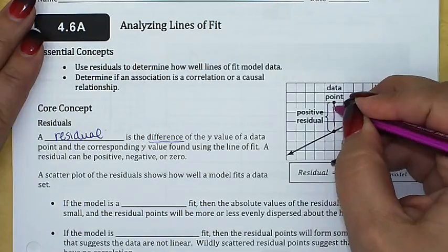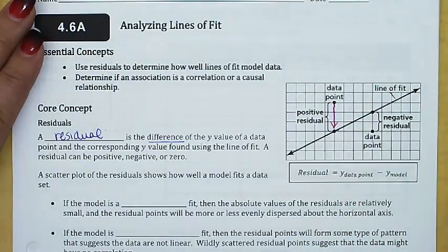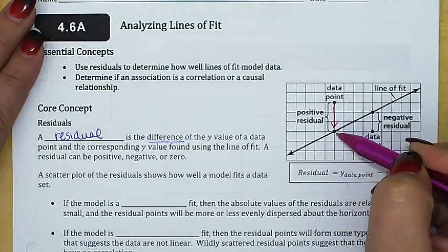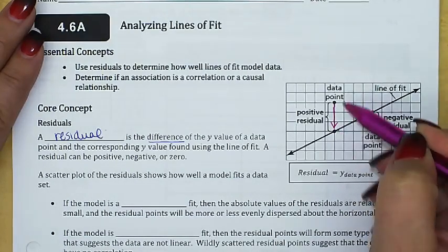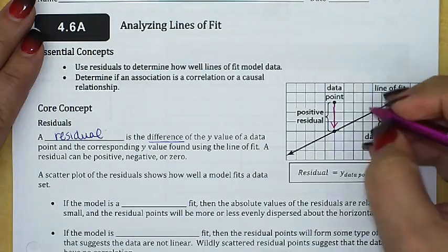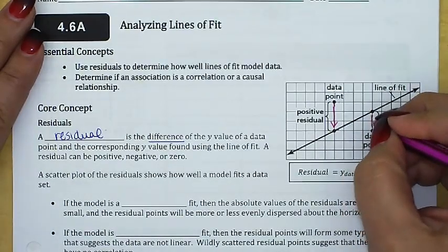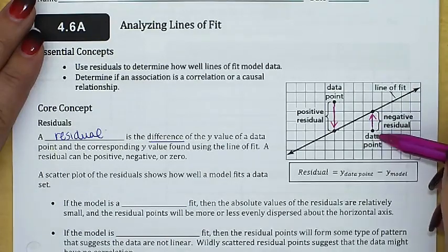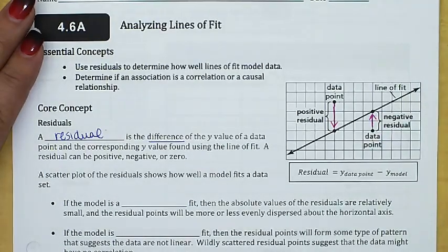So the residual is measuring how far off the real data that was collected is from what the line would have predicted for that particular x value, right? It could be a positive residual, it could be a negative residual, but it's still marking how far off the real data point was from what the line predicts.